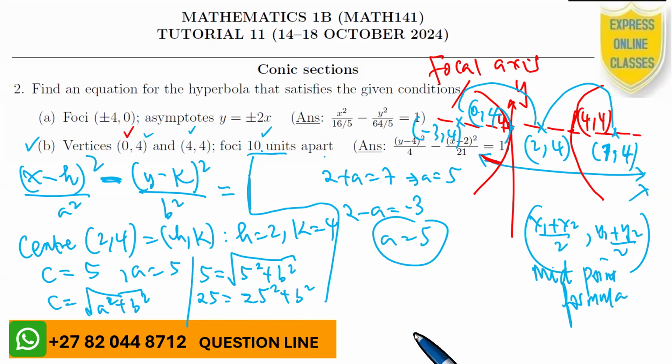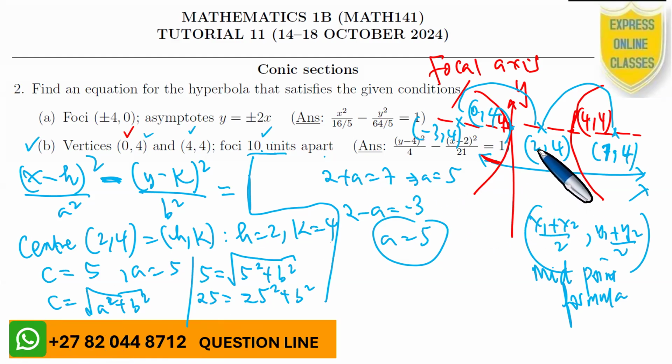That's the question: how is A 5? Yes, that's the error, because A has to be the distance from the center to the vertex.